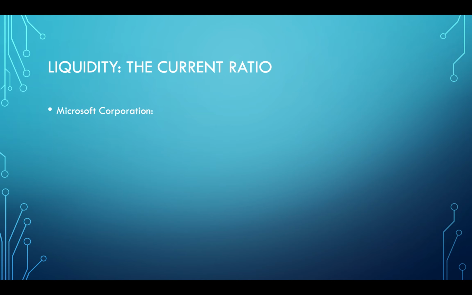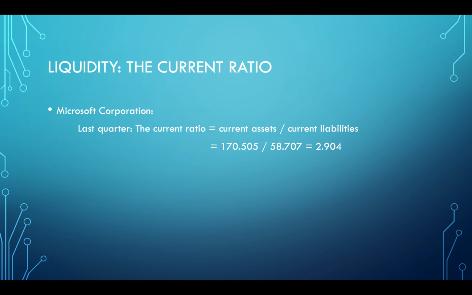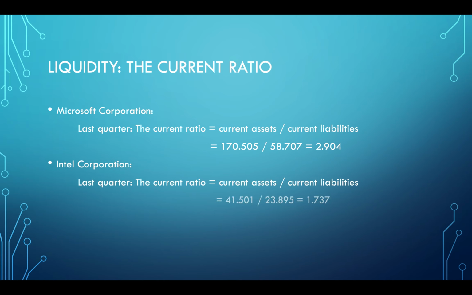For liquidity, we use the current ratio, and the Microsoft Corporation current ratio for last quarter is 2.904. We use current assets divided by the current liabilities. And for the Intel Corporation, this result is 1.737. And we can see that Microsoft is larger.